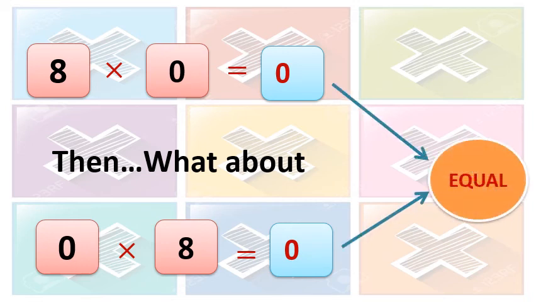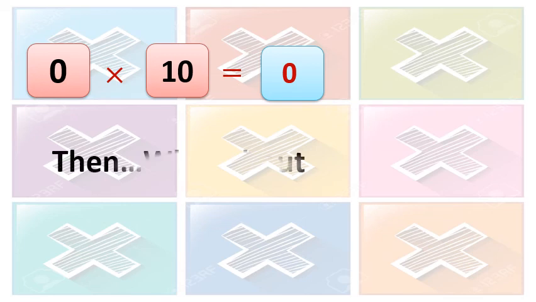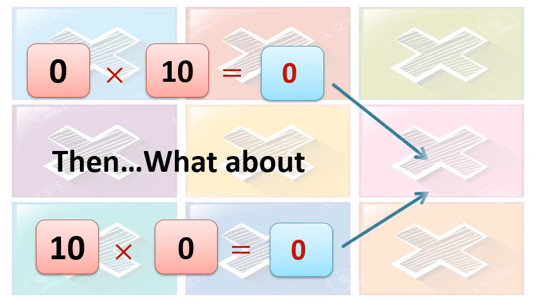Because we know that if we interchange the order, then also we get the same product. Correct? 0 multiplied by 10 is equal to how much? 0. Then what about 10 multiplied by 0? That is also 0.